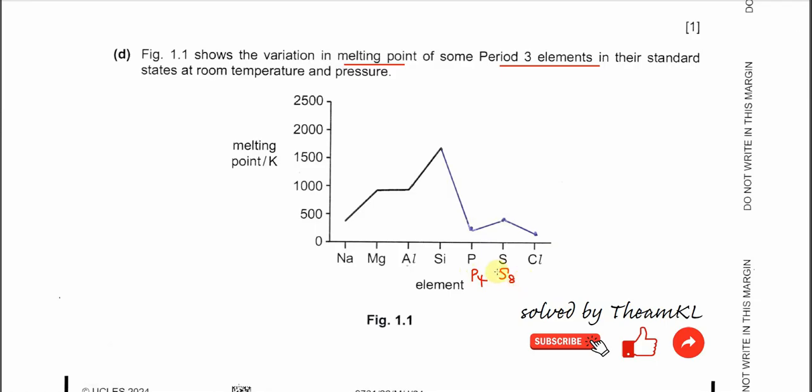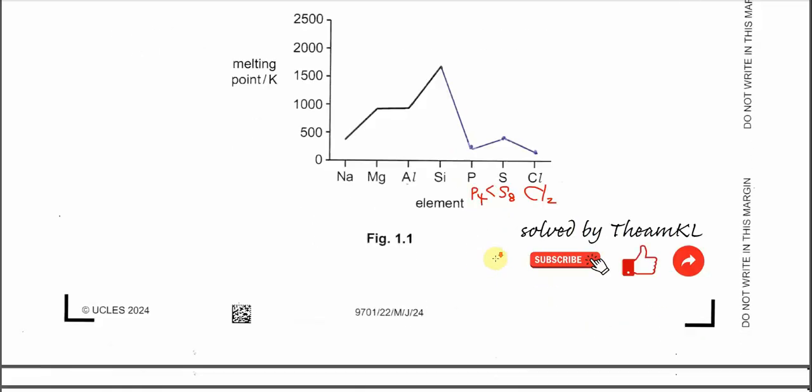Therefore, the sulfur molecule is larger than phosphorus. When the size is larger, the instantaneous dipole-induced dipole forces, meaning the intermolecular forces, are stronger, so the melting point is higher. For chlorine, it's Cl2, so it's just 2 atoms in one molecule. Therefore, it has the lowest melting point compared to the others. This is the trend that you need to complete.